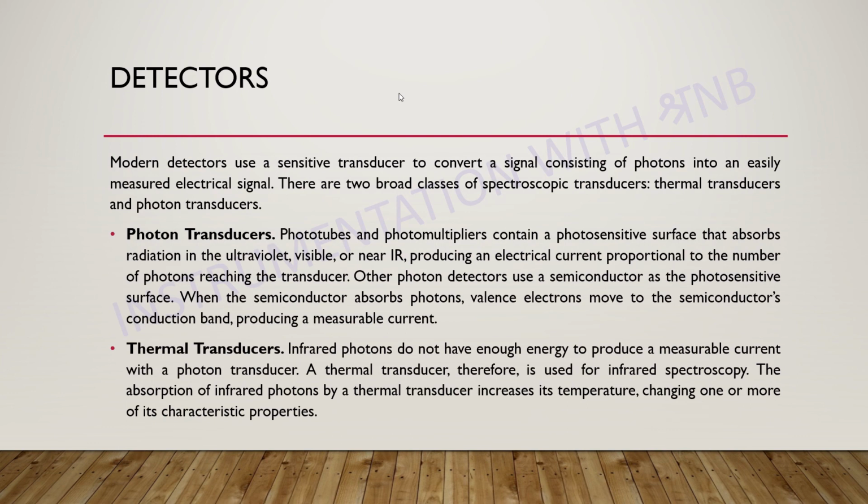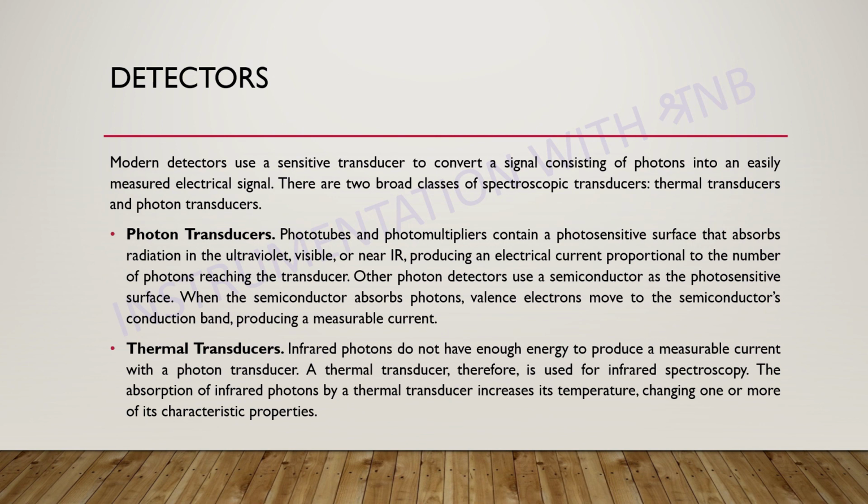Detectors. After passing through the monochromator, the radiation would reach the sample and then it will hit the detector. Modern detectors use a sensitive transducer to convert a signal consisting of photons into an easily measured electrical signal.